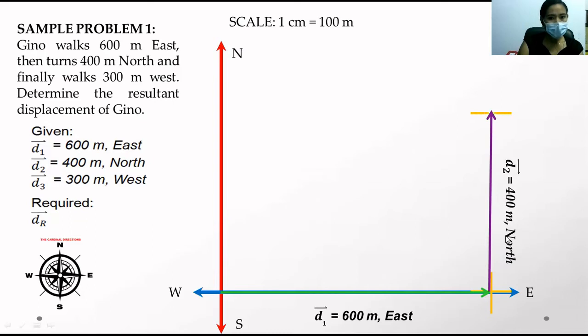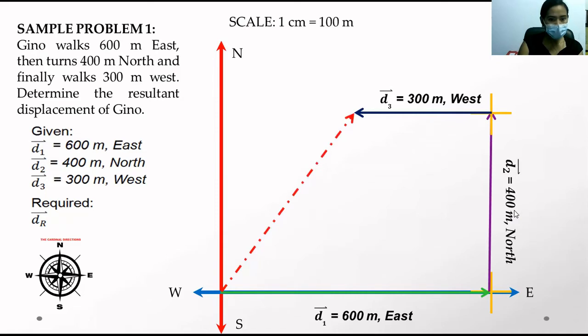And then, at the tip of our second arrow, draw another direction guide, then draw the third arrow of 300 meters west or 3 centimeters west. Now, our resultant displacement is denoted by this broken arrow colored red.